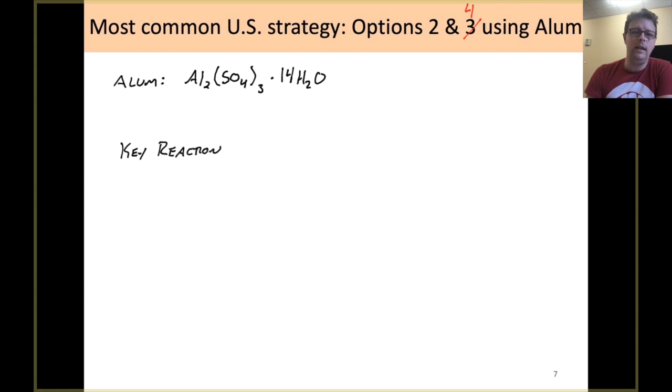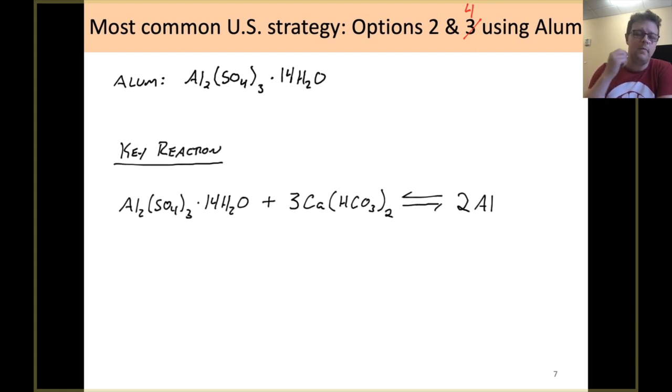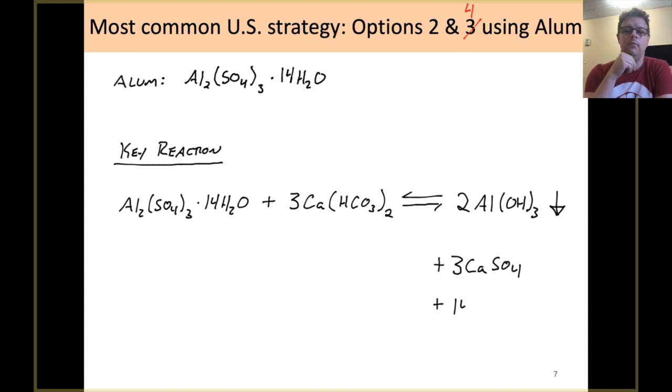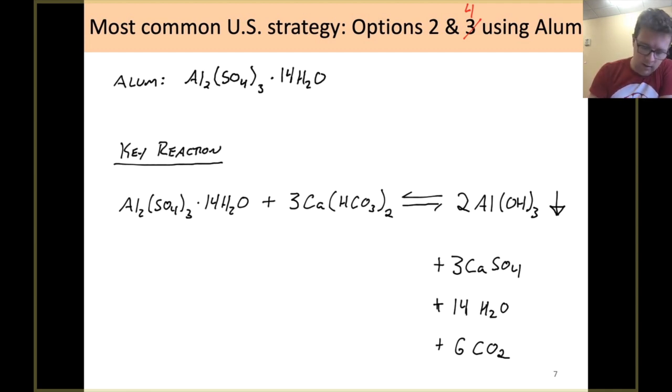So the key reaction that takes place for us, that alum, I've got it written out here. In the first term, that alum is shown. What I'm overlining in blue right now is natural alkalinity in the water.